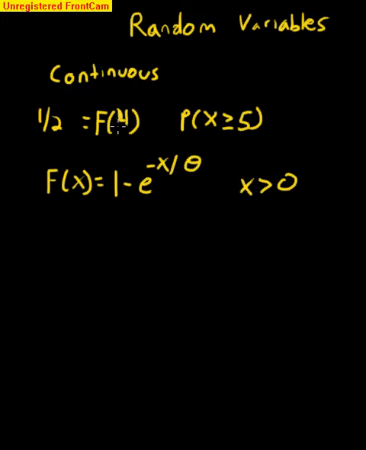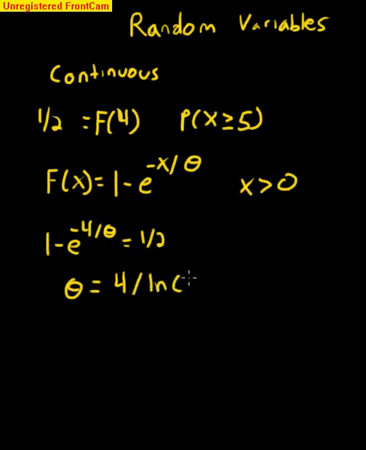Since our median is 4 hours, this has to be true. Therefore, this must be true. So all we did was substitute 4 in for this x, and we set that equal to 1/2, just like the problem said. Therefore, if we rearrange this and solve for theta, we'll obtain theta equals 4 over ln of 2.